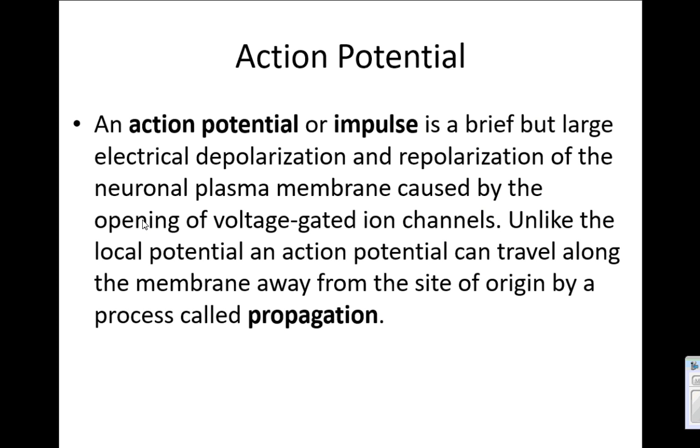Propagation and conduction you can kind of use interchangeably. So you'll see conduction later today as well. Okay. When I say depolarization, that means becoming less negative, or that might actually end up becoming positive, which we'll see today. So what do you think repolarization means? It's going back to negative. So what we're going to see today is this and then this.